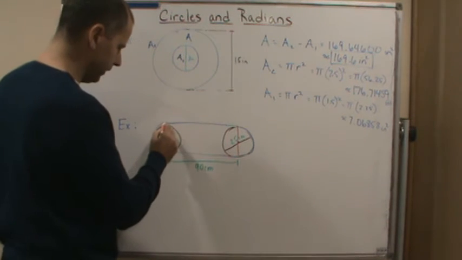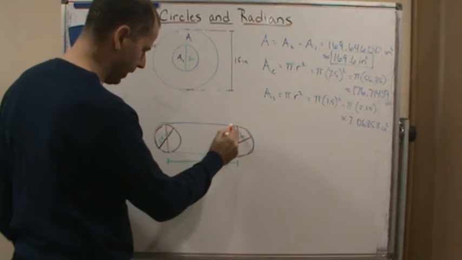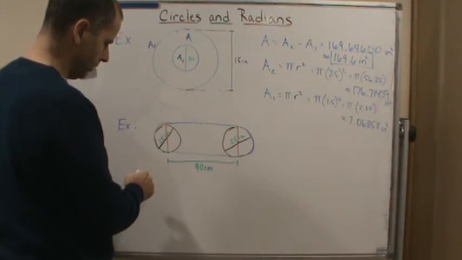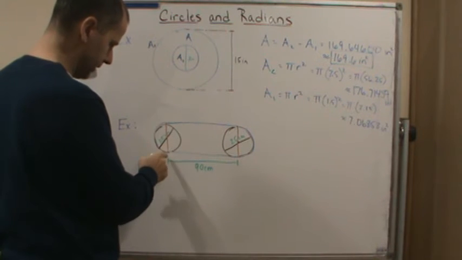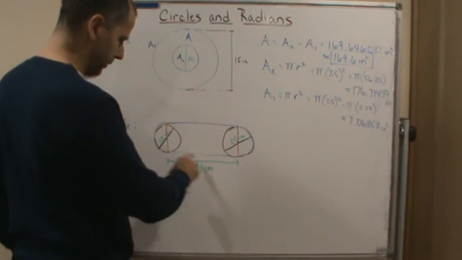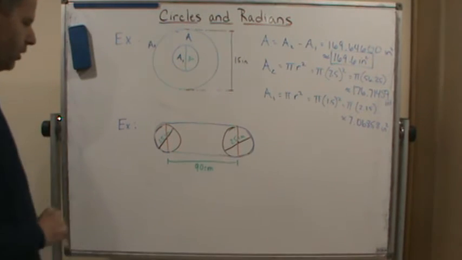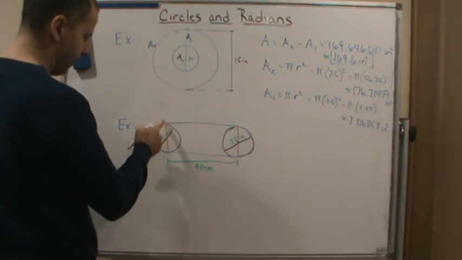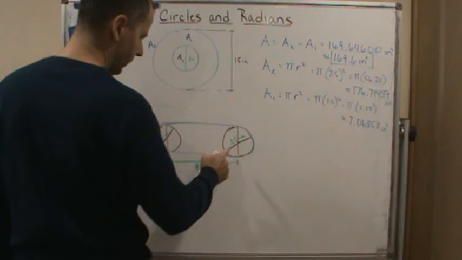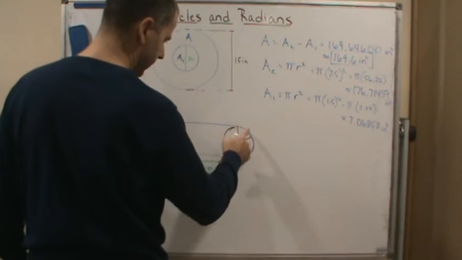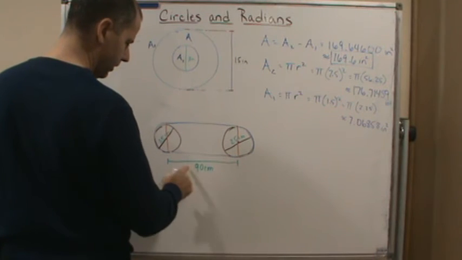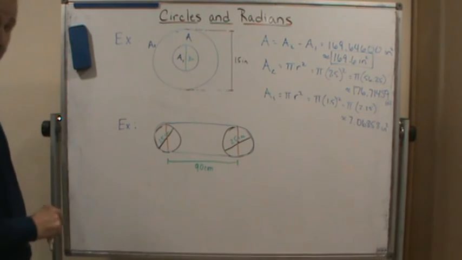And then look what we have here. We have a rectangle. And the rectangle has a height of what? 25 centimeters, because it's also a diameter, right? And it's got a length of 90 centimeters from center to center. So all we have to do is find the length of this half circle, and then add the length here. So this is a perimeter.